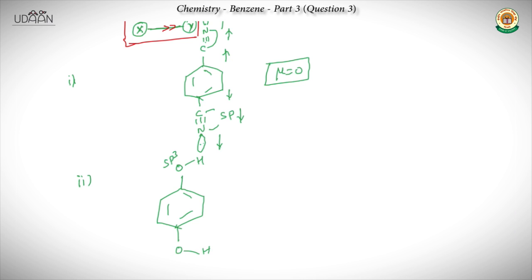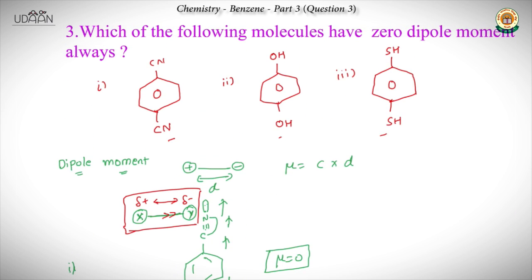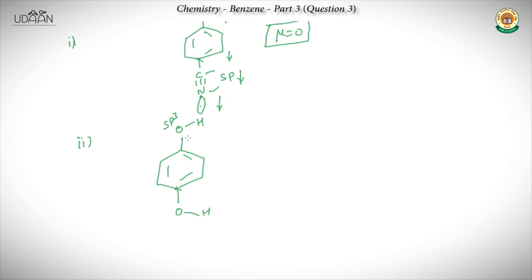If you look into the question, they have asked whether the dipole moment is 0 always, but this is not the case with oxygen, because I have already told you that it is sp3 hybridized and this bond can be rotated to as many angles as possible. So we cannot be sure that this lone pair and this lone pair dipole moments cancel, and this hydrogen and this hydrogen dipole moments cancel.